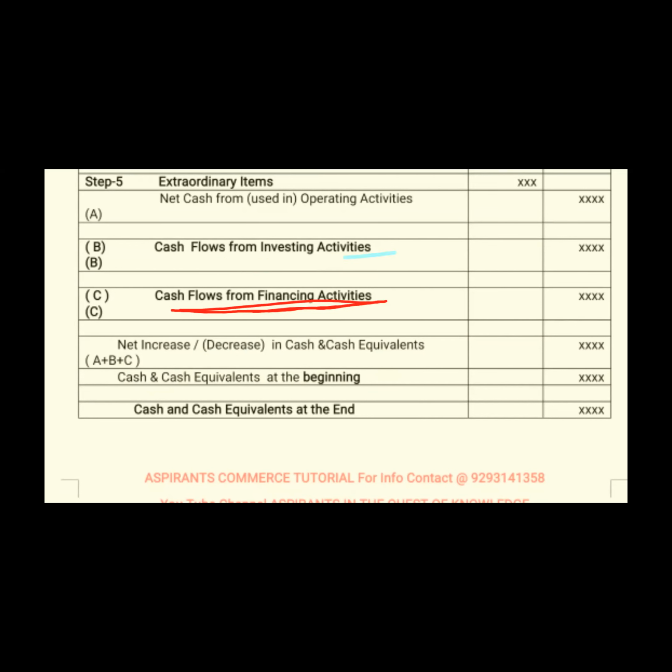In investing activities, what comes? Purchase of fixed assets or investments, long term investments, will come as minus, right? And sale of fixed assets or long term investments will come as plus.